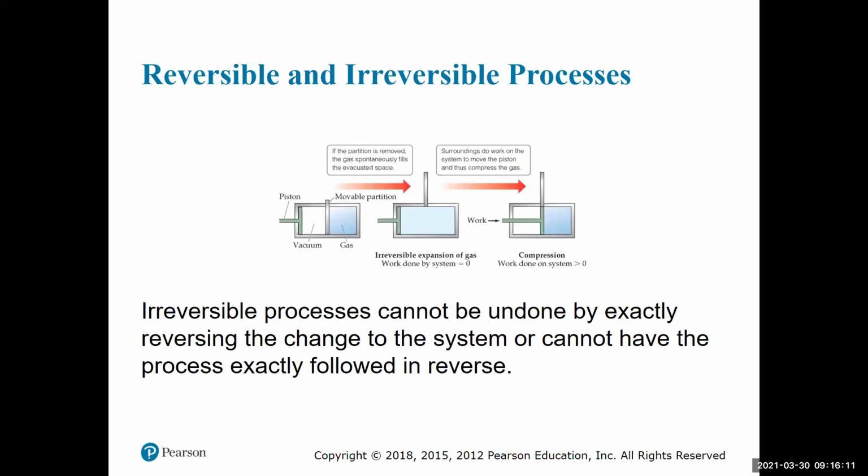Here, we could wait forever, like I said, and this middle one is not going to look like the one on the right or the one on the left, no matter how long we wait, unless we go and do some work, and in this case, compress that gas. So does that make sense in terms of spontaneous versus non-spontaneous, and then reversible and irreversible processes?